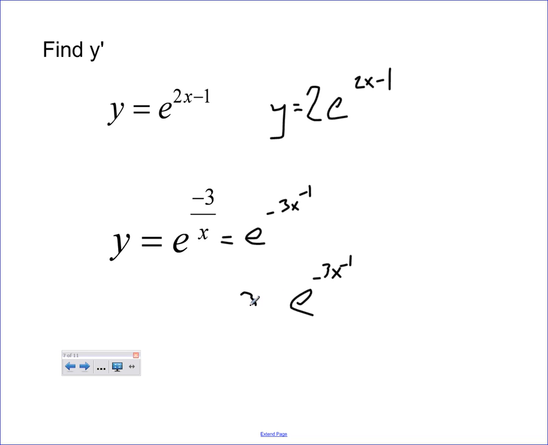This is what y prime is. If we make this all look nice, we end up with something like 3e to the negative 3 over x, over x squared.